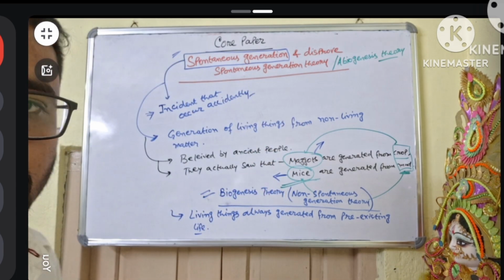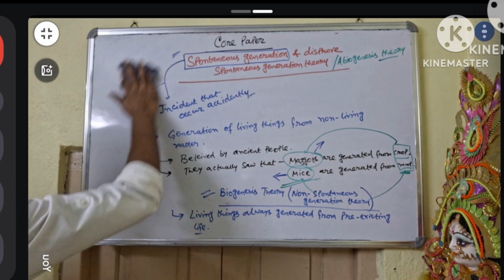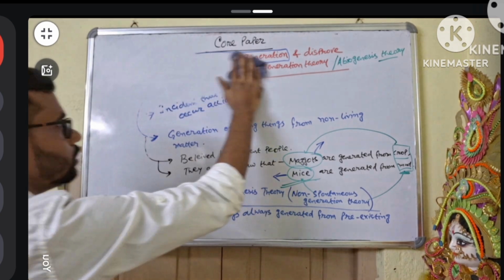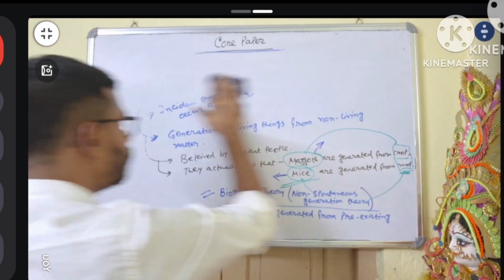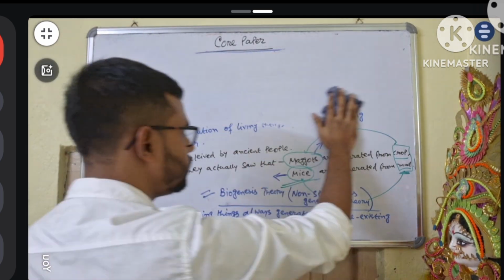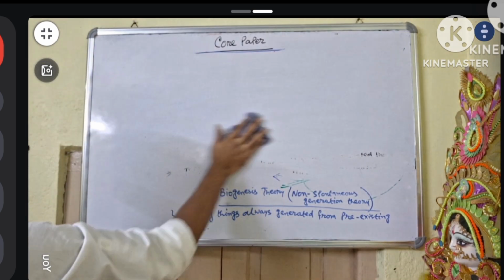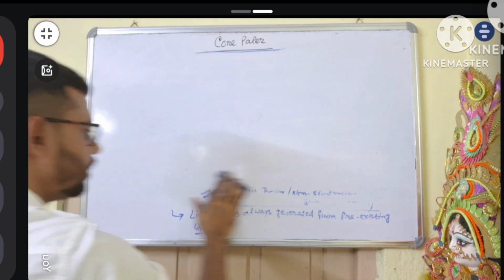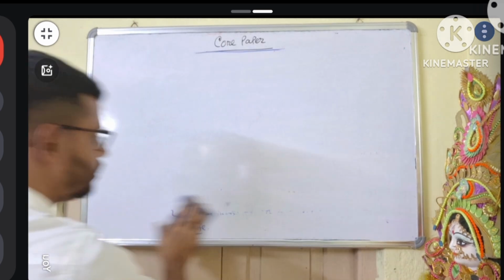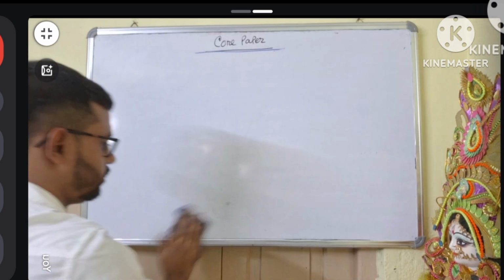Next we need to disprove the crazy theory that non-living things generate living things. It looks crazy now, but at that time it was the greatest idea in ancient times.